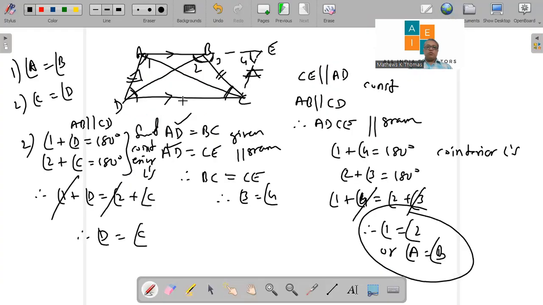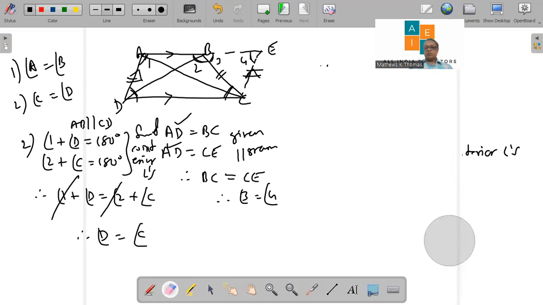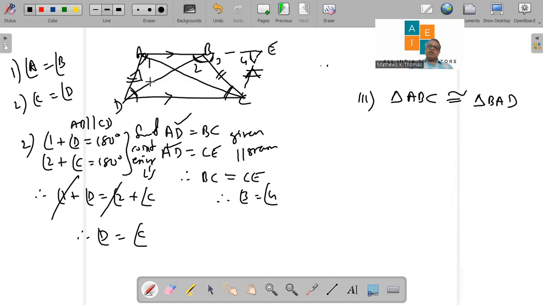Now, we have to prove that triangle ABC is congruent to triangle BAD. So look at the triangles very easily. We can say in triangle ABC and BAD, AB is common.